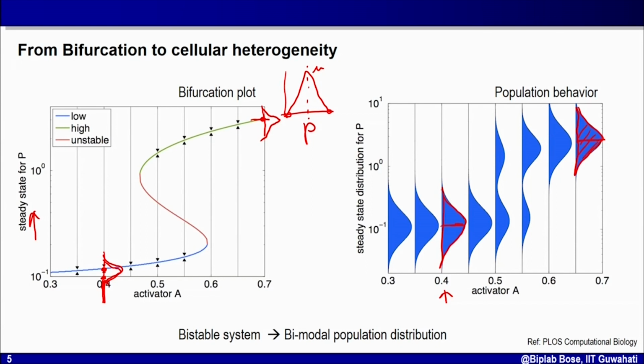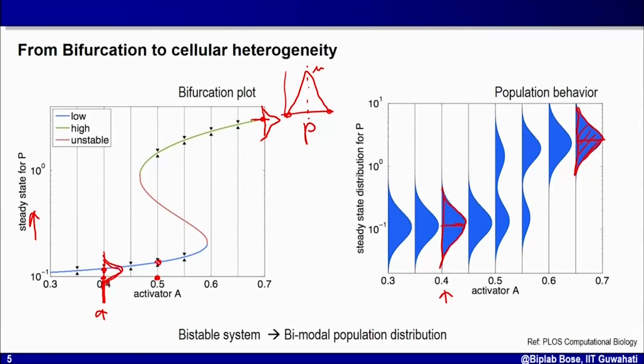In between, what will happen? If I give a signal of 0.5, I have two possible steady states. So suppose initially cells were here, and the signal I was giving from outside was 0.4, and then I added a few drops of the signal from outside, and the signal increased to 0.5 now. Now if I allow this system to go to a steady state, I will have two possible steady states.